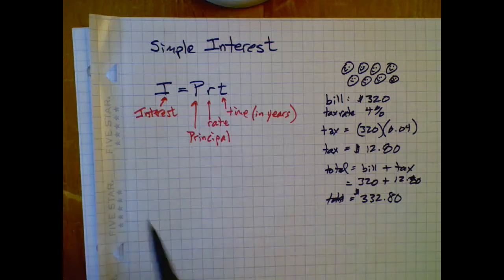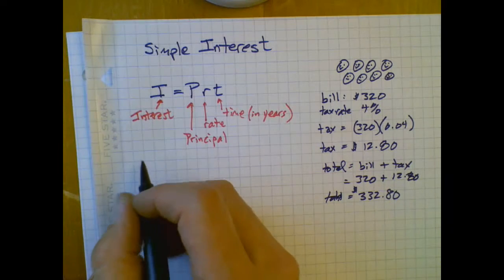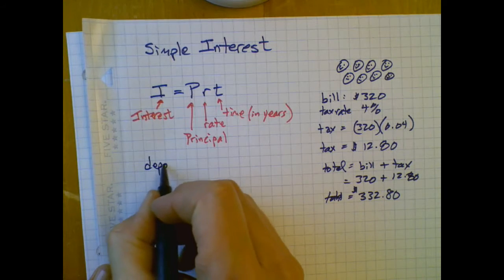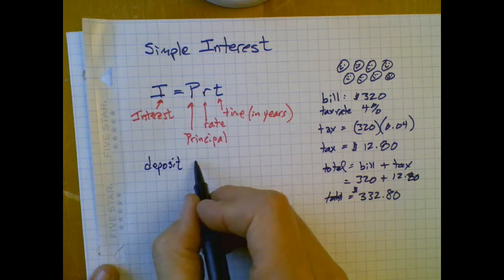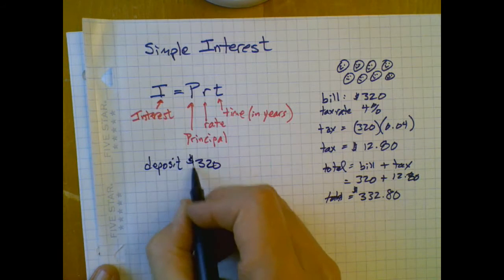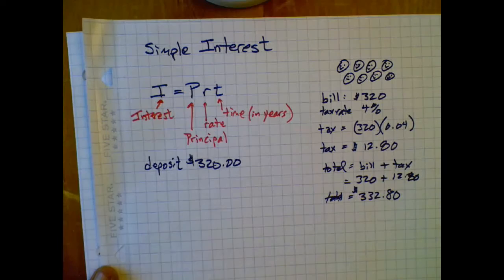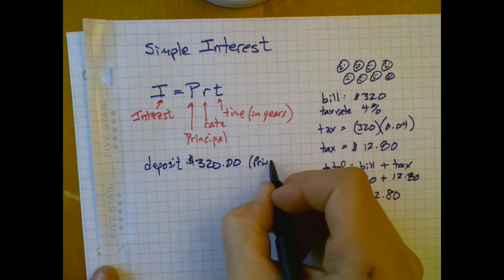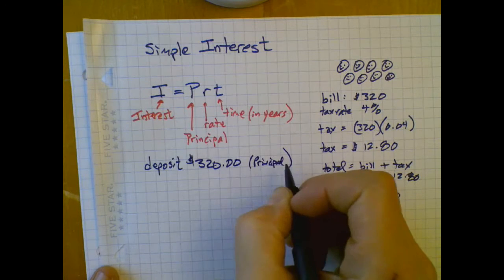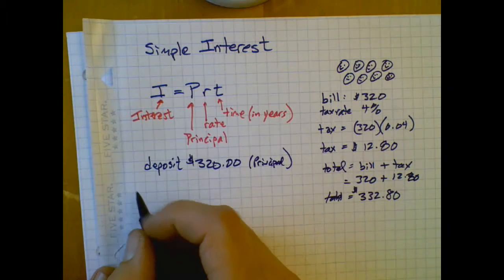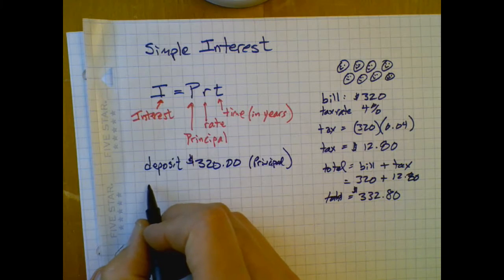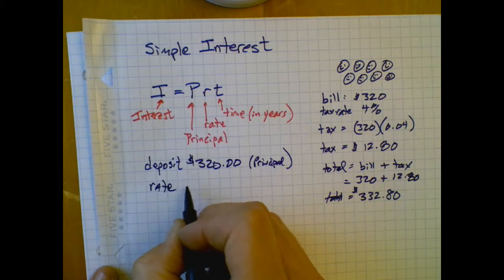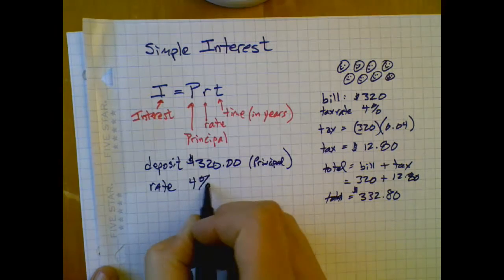So let's do this. Let's pretend that we put $320 in the bank. So I deposited $320. Okay, so this is my principal. It's the money I put in. And let's say the bank is very generous, and we'll say that the rate they're paying me is 4%.